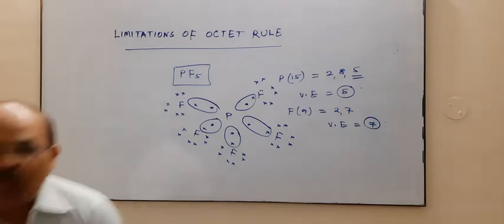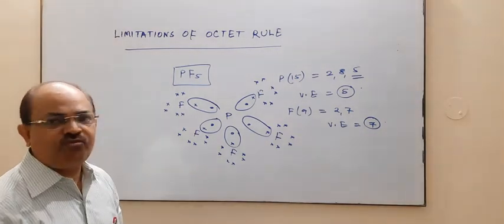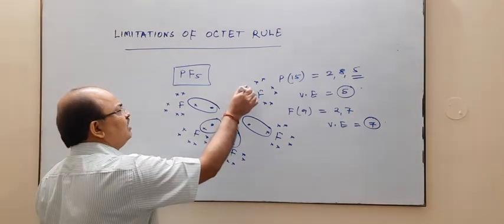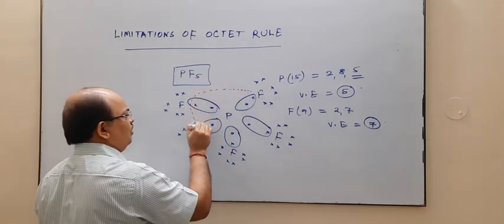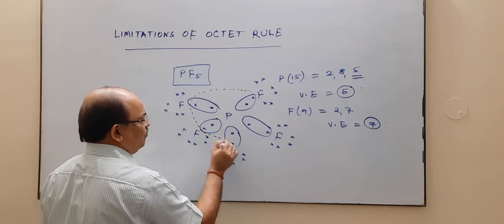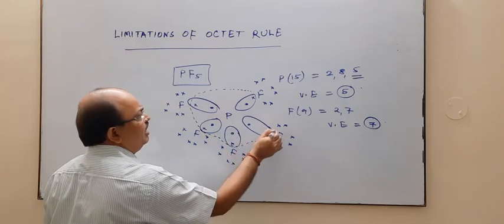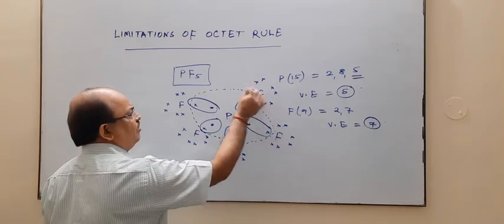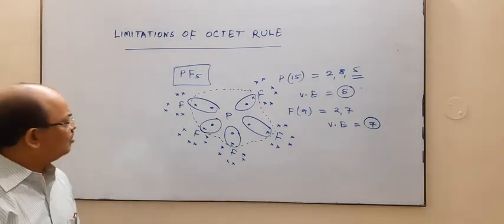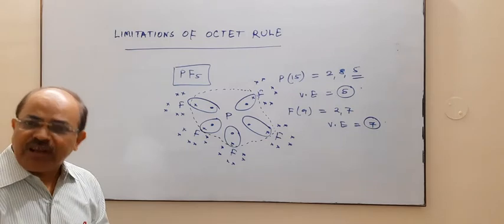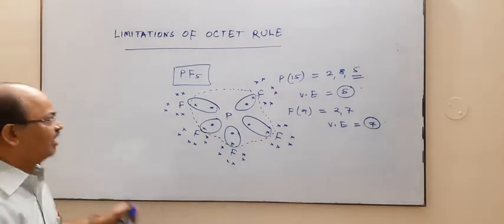But what is the situation of phosphorus? आप phosphorus को consider करिए। If you consider phosphorus, then on phosphorus atom, what is the total number of valence electrons after sharing?